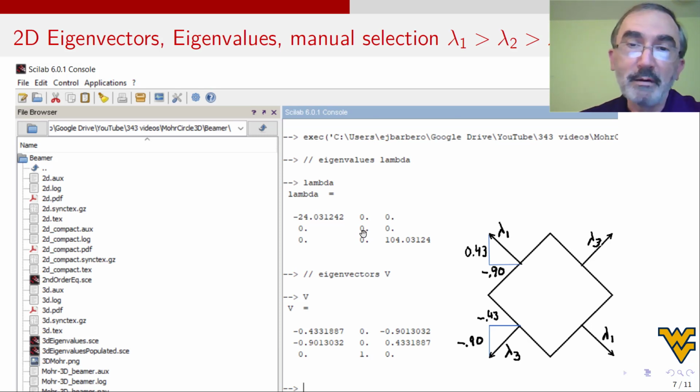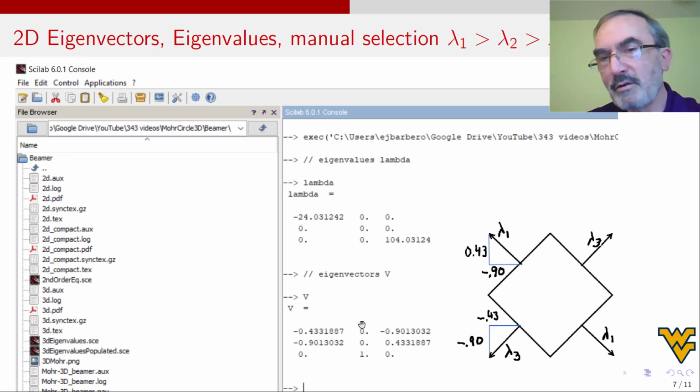Okay, so then I type this comment, eigenvectors v, for you to see. Then I type v, and when I hit enter, I get this. The first thing you need to learn is that for each eigenvalue, each principal stress, 104 say, this column is the eigenvector. And for this column, this value is the eigenvector.